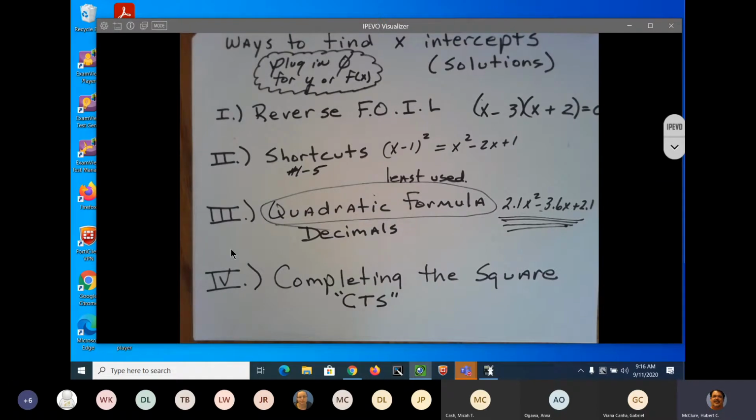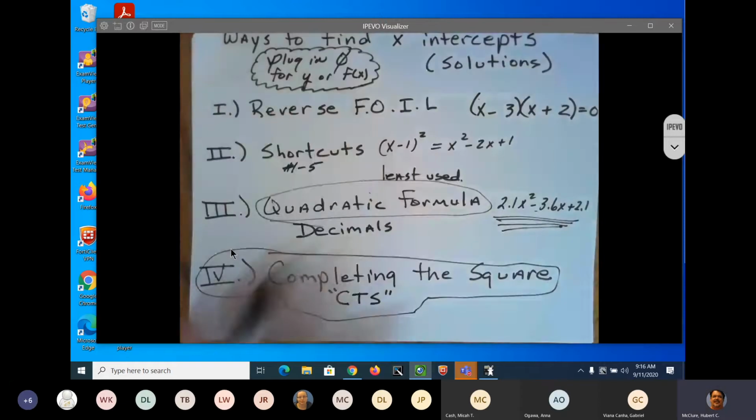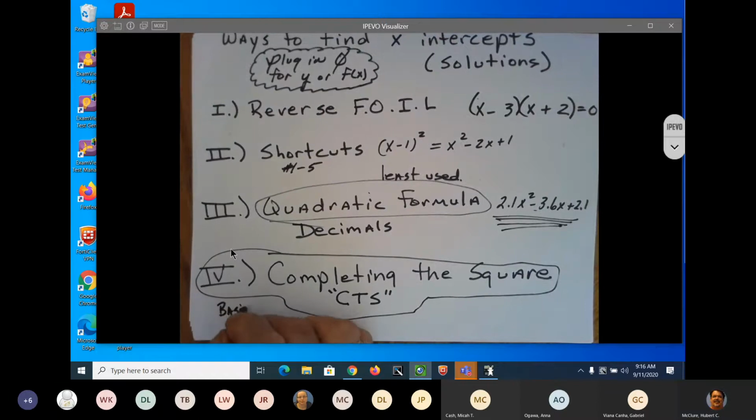But I guarantee you some of y'all had an algebra teacher that told you to use it all the time. This is the easiest way to do all of these, okay? Why is it easier? Because you use basic math. Well, then why don't people teach it?